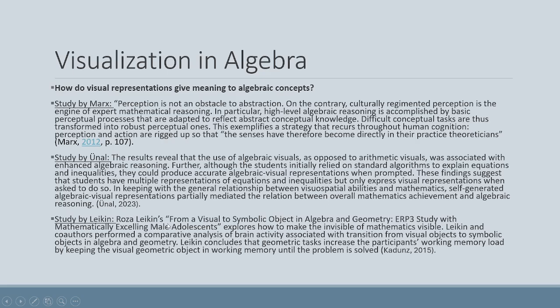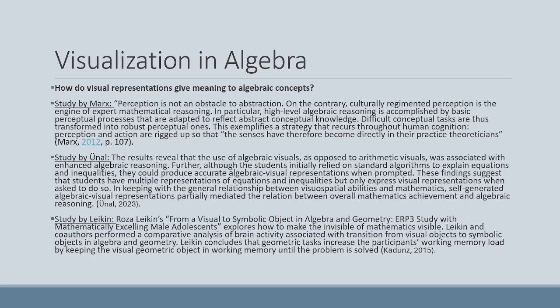And so how can we see this in algebra? We talked about geometry. I wanted to look at some different studies of how visual representations give meaning to algebraic concepts. So this first one is a study by Marghetis. A quote from it is, "Perception is not an obstacle to abstraction. On the contrary, culturally regimented perception is the engine of expert mathematical reasoning.